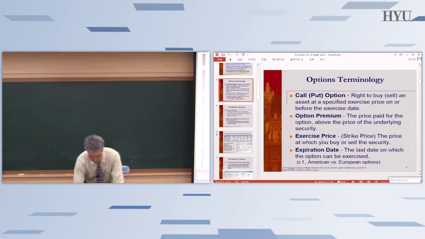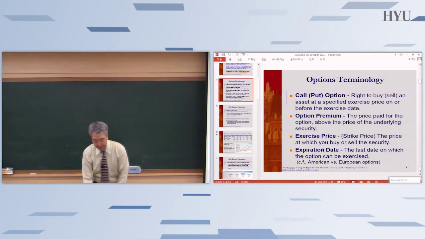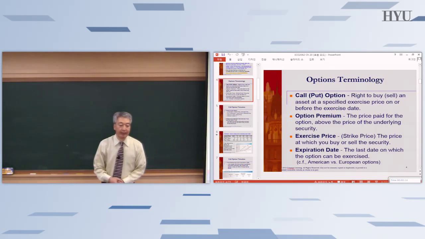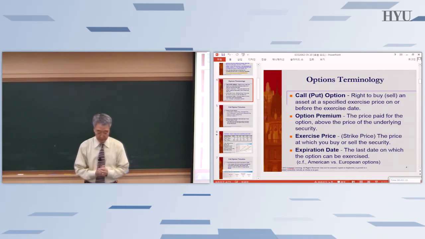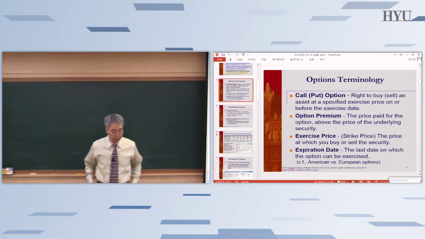So an option specifies a certain price at which you can exercise the option. And then there is an expiration date. There are a couple of different types. Typically we call it American option versus European option.